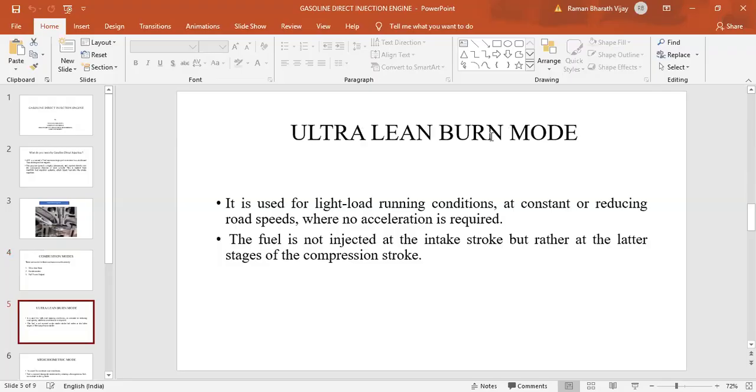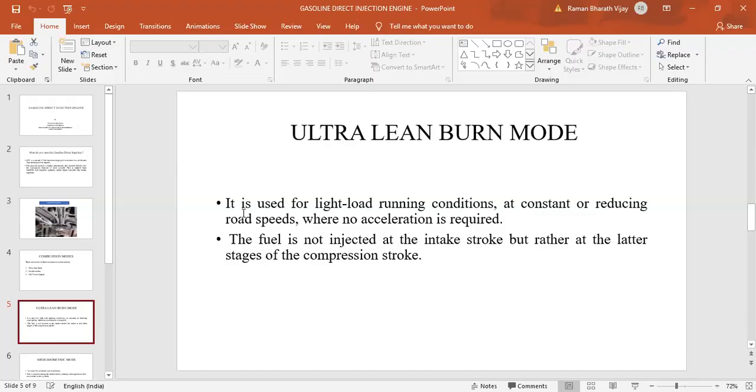You can see here the ultra lean burn mode. If the vehicle is going at a constant speed and there is no acceleration, suppose it is running at light load condition, then you can use this ultra lean burn mode.